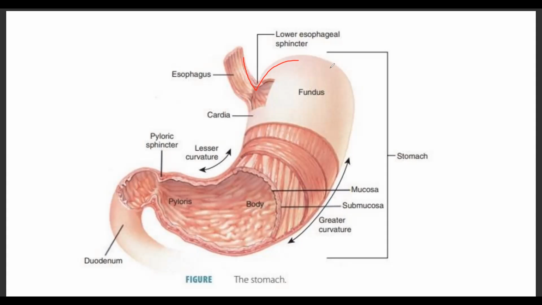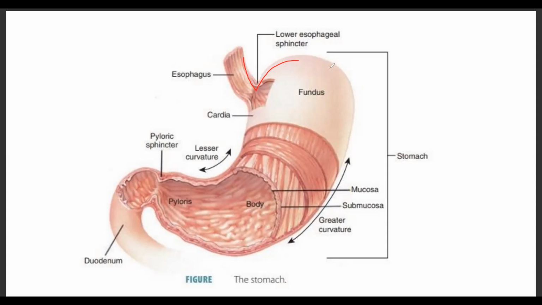Now we know that the pits in the stomach have gastric glands, and they secrete different types of things: mucus, pepsinogen and HCl. Pepsinogen is the inactive form of pepsin. Mucus is secreted by mucus cells and pepsinogen is secreted by the chief cells.